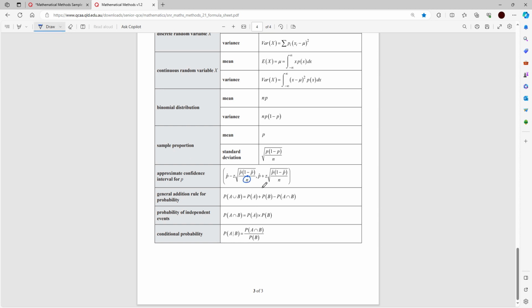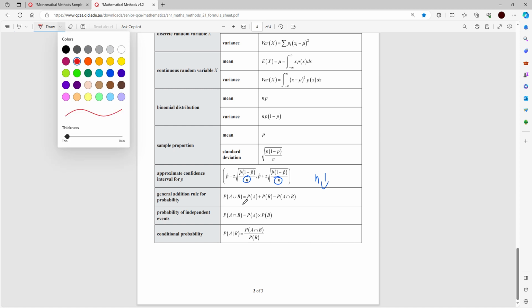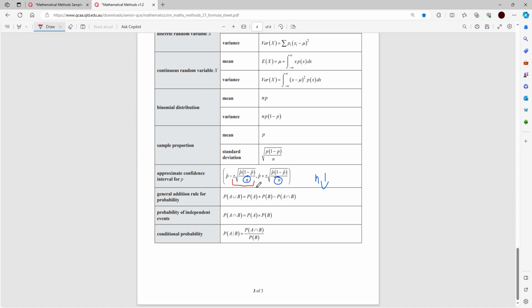Now n is decreasing. Now if n is decreasing, that means this, hold on, you can use red. This whole number, it's the width of the interval. It's increasing. So the width is increasing because this number is getting smaller.